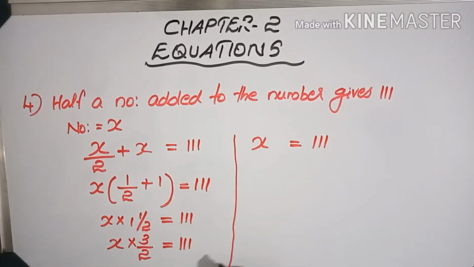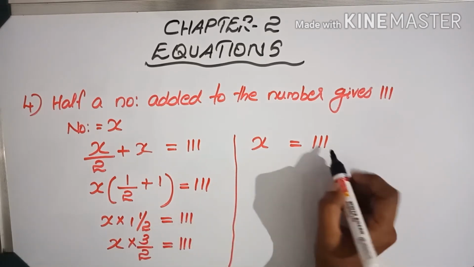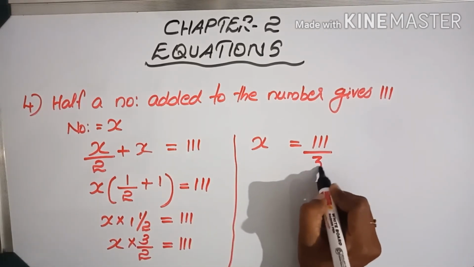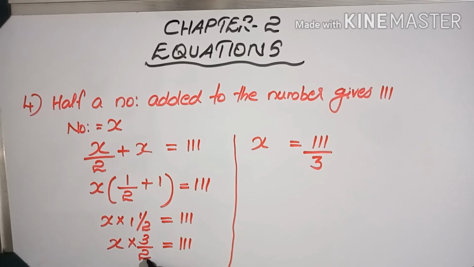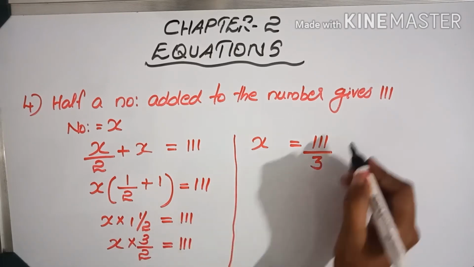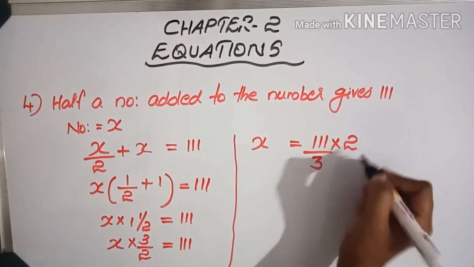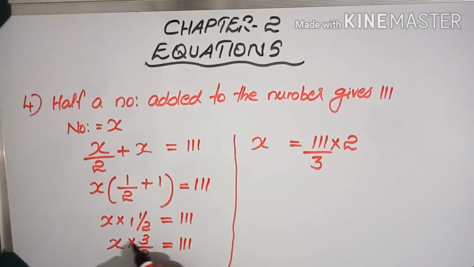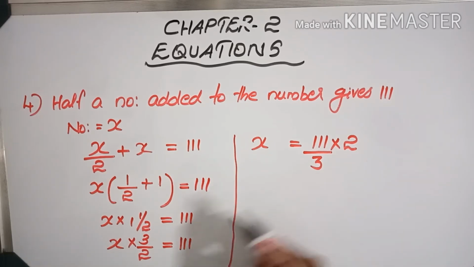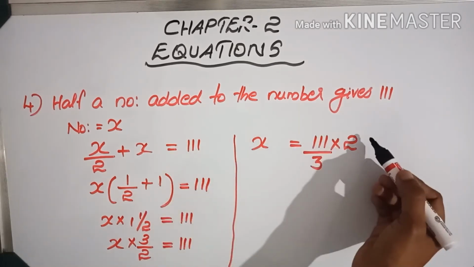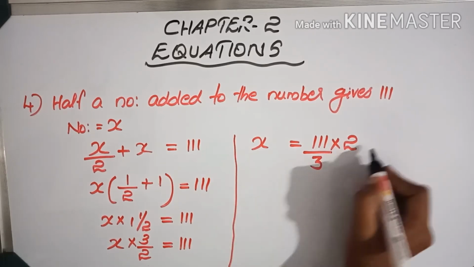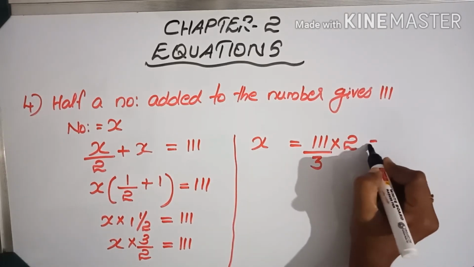Into 3 coming to this side will be divided by 3. Now divided by 2, 2 is here in the denominator position. Divided by 2 coming to the other side will be into 2. Just reverse. Here it is into 3, that way it is divided by 3. Here it is divided by 2, that's why here it is into 2. Now we can find the answer.